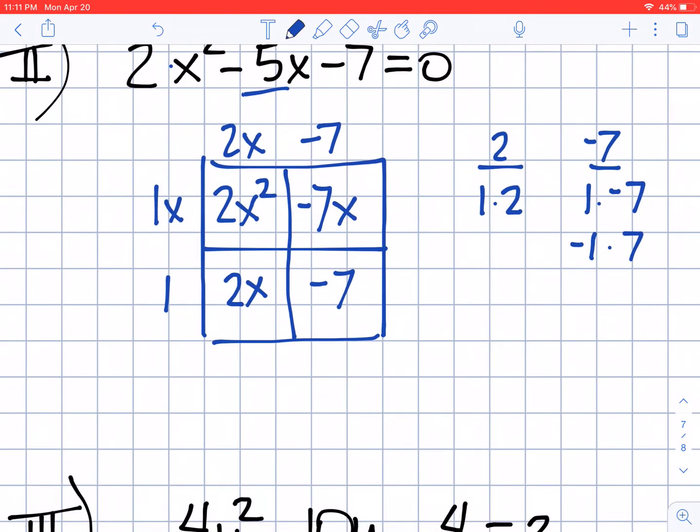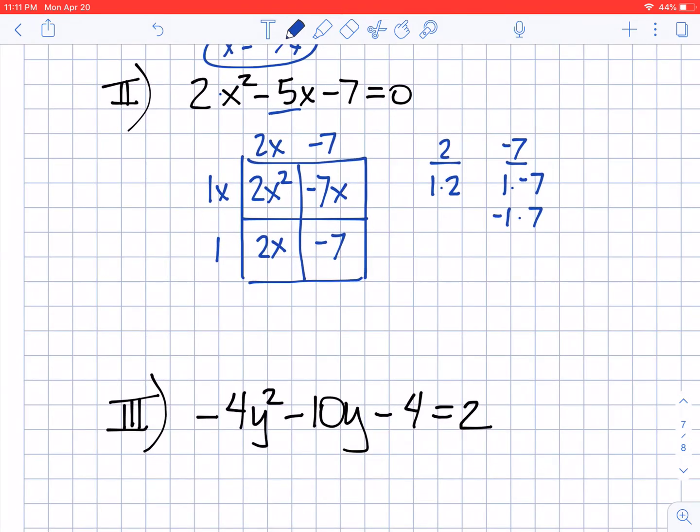All right, I think we've strategized it out. So my factors are 2x minus 7 and 1x plus 1.